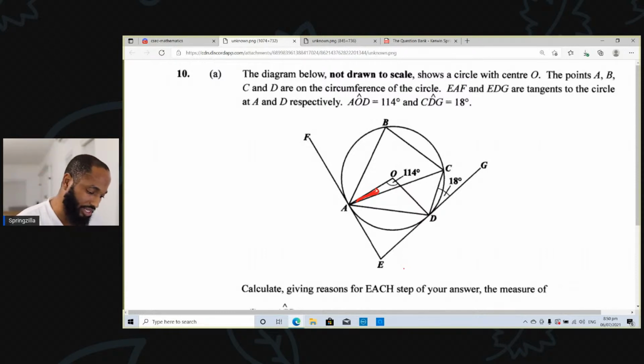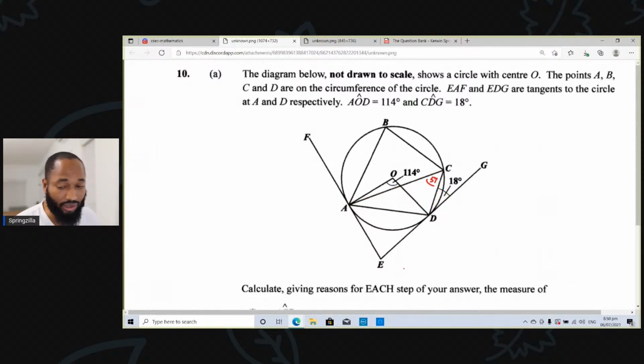So what is OAC going to be? How are we going to find that? Well, we know that this angle is 57. This is by the alternate segment theorem. The angle in the triangle on the opposite side here must be 18 as well.